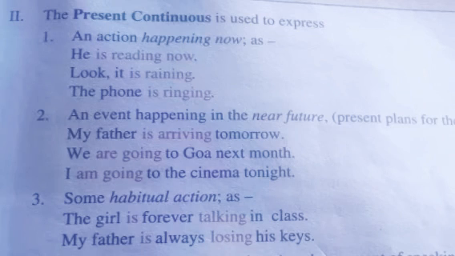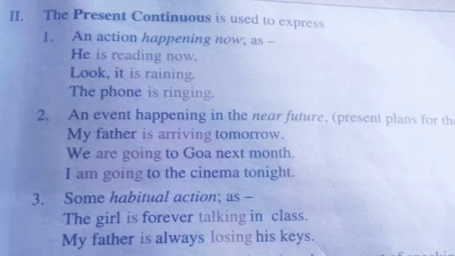Next point is an event happening in the near future, present plans for the future, as we see here: my father is arriving tomorrow. So what is happening here? An event happening in the near future.